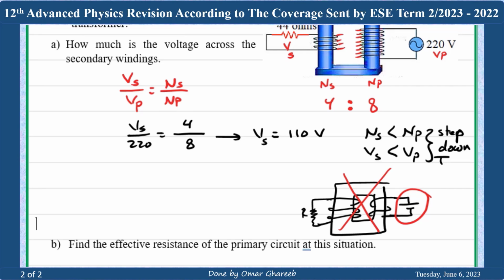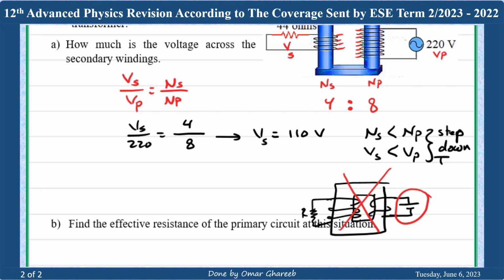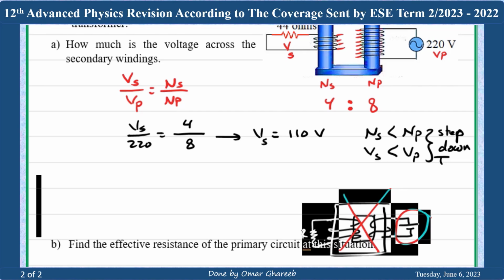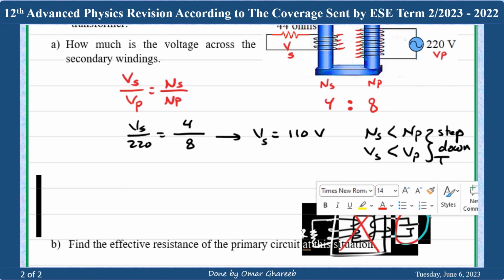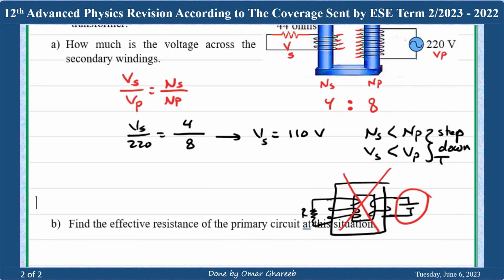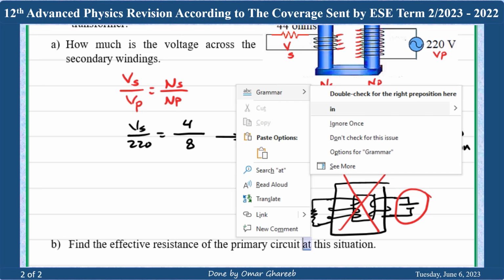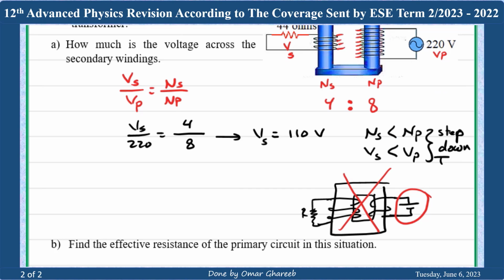Now, part B. Find the effective resistance of the primary circuit in this situation.